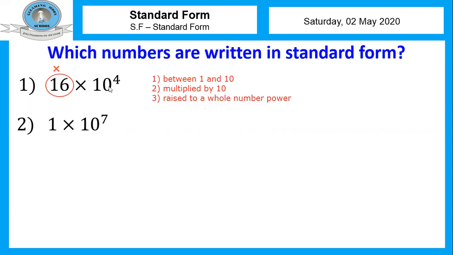Even though we have multiplied by 10, and we have an integer power, it has failed the number 1 test of being between 1 and 10. And therefore that disqualifies it from being in standard form. So this one is wrong. It is not a standard form.